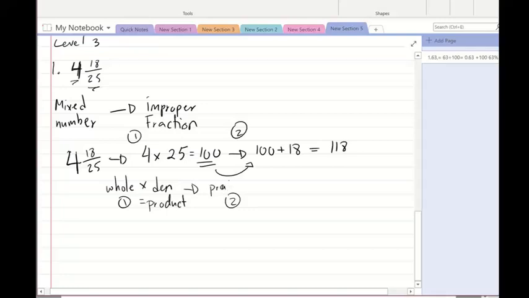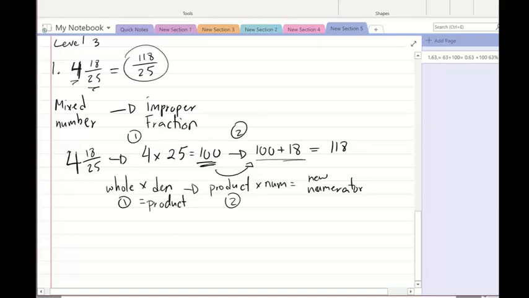So you do product plus numerator, and that gives you your new numerator. So 4 times 25 gives you 100. 100 plus 18 gives you 118. So this is your new numerator, 118 over 25. That's going to be your improper fraction, right?